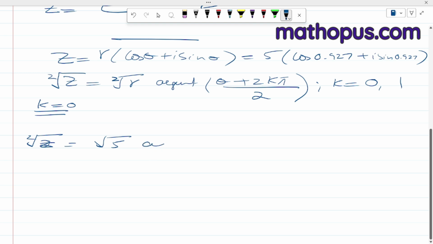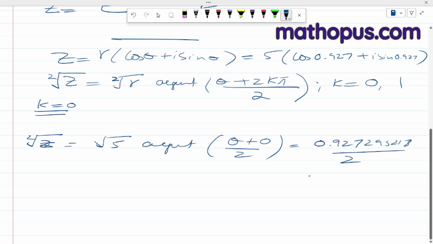The argument is going to be theta plus 0 over 2. What was our argument? The argument was 0.927295218 divided by 2. So the answer is 0.464.